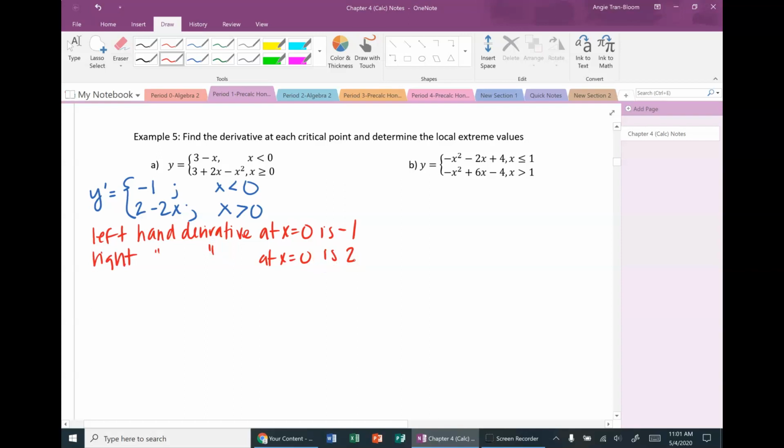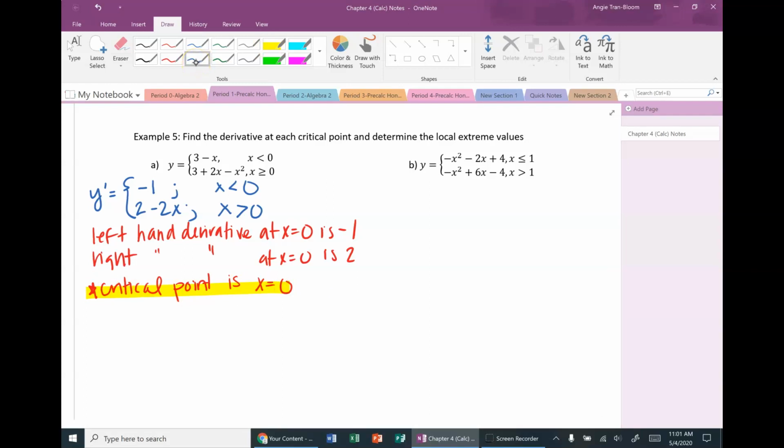The slopes are different, okay? So that means the critical point is at x equals 0, since the derivative at x equals 0 does not exist. So right now we have found one critical point.